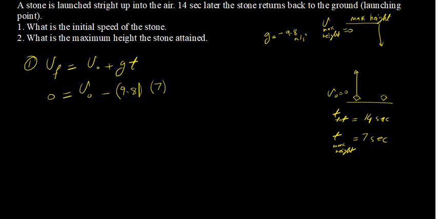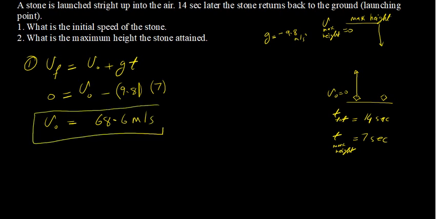To find the initial velocity, I'm simply doing that on the calculator, 9.8 times 7. That should give me 68.6 meters per second. And it's definitely positive because it's going upward. Okay, so that's part one of the question being solved.